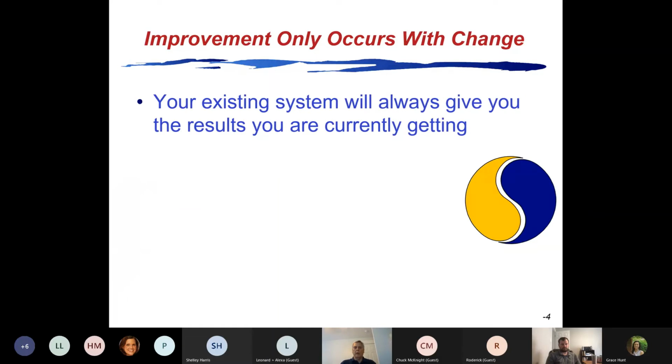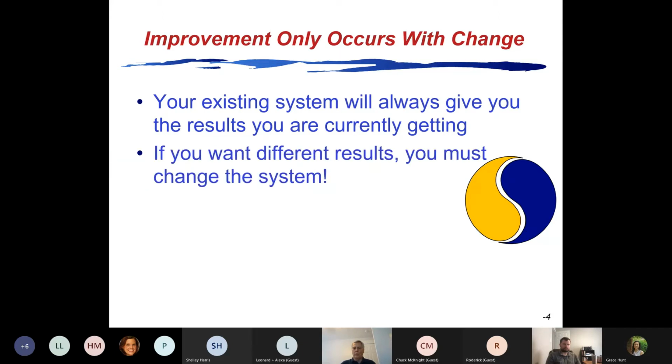All right. An understatement also, improvement only occurs with change. You can't wish change. You can't wish improvement. You must change things. You must change your system in order to expect to see improvement in performance. Your existing system, as it exists today, will always give you the results you are currently getting.